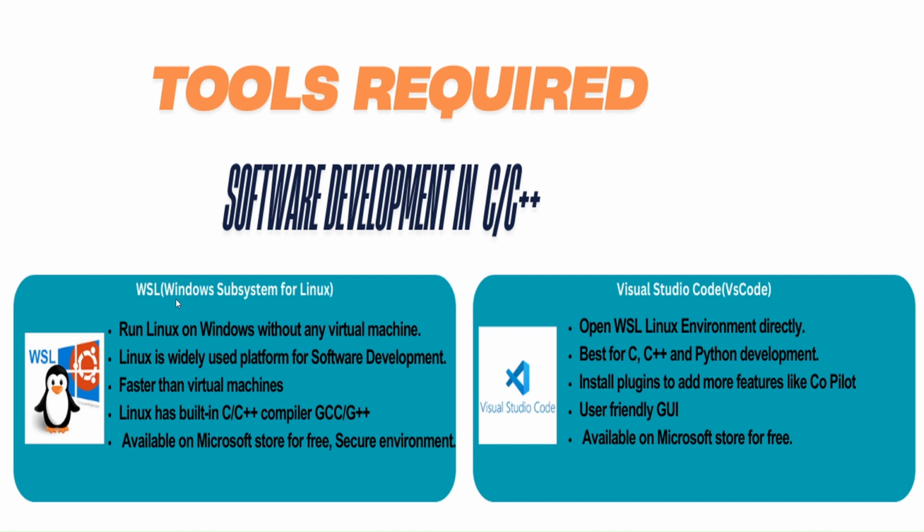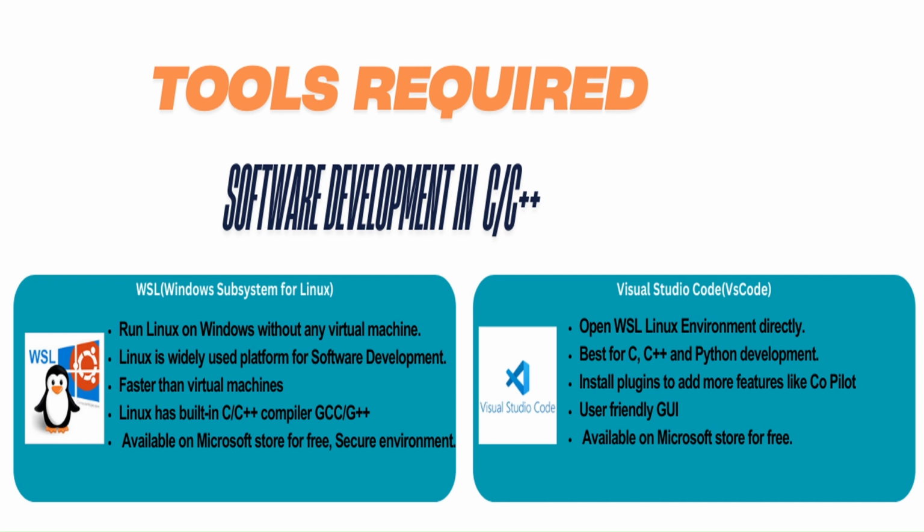We will mostly use WSL. WSL is Windows Subsystem for Linux, where you run Linux on the Windows platform. So why do we choose Linux? Because most software development happens on Linux systems compared to Windows.